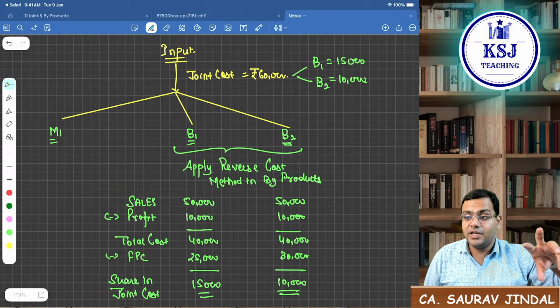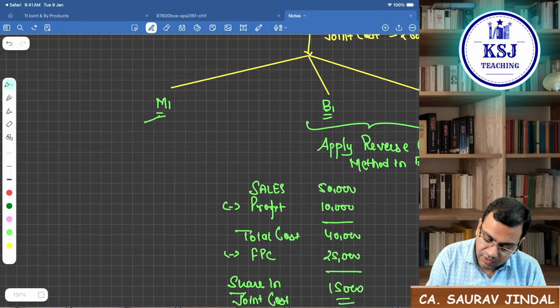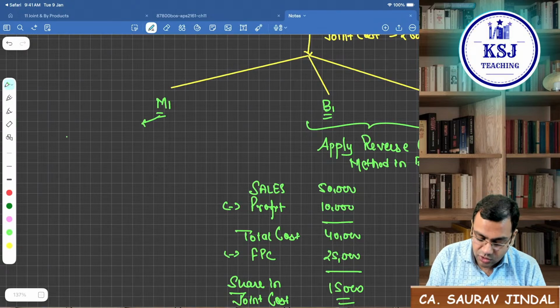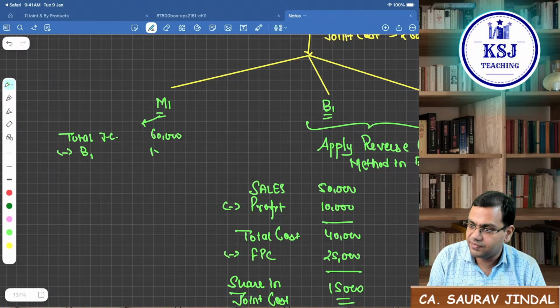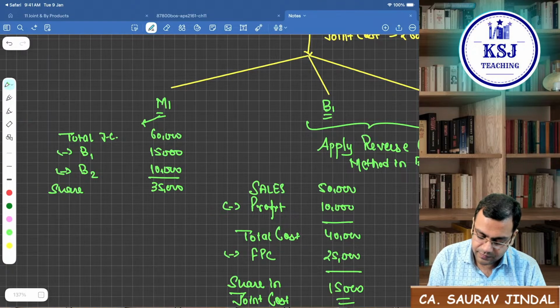So how will you calculate the share of M1? Total joint cost is 60,000. Out of that, share of B1 is 15,000 and share of B2 is 10,000. So the remaining 35,000 is the share of M1 in joint cost.